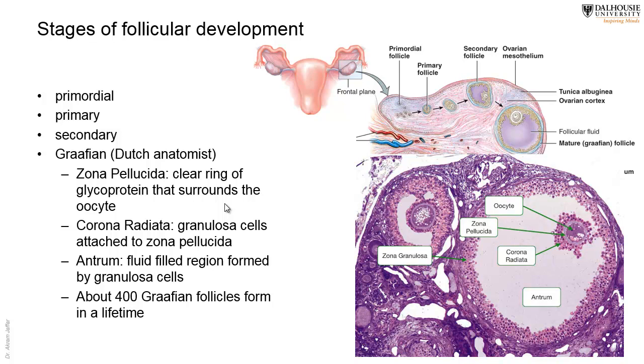Actually, about 400 of these follicles will ovulate during the lifetime of a female, but we have about 40,000 of them at the time of menarche, or the beginning of the menstrual period.